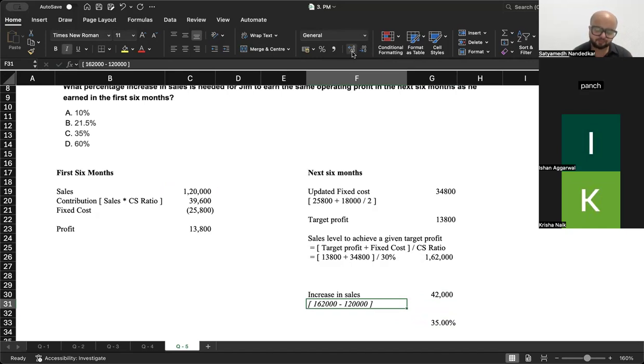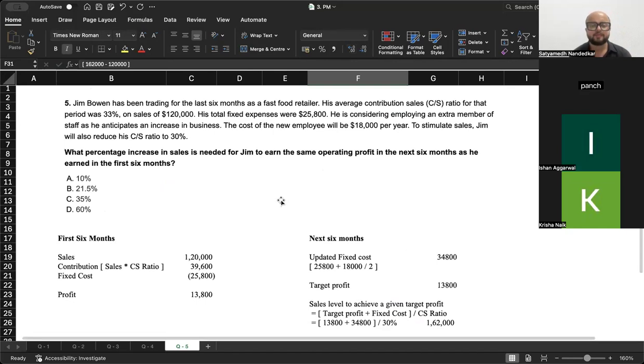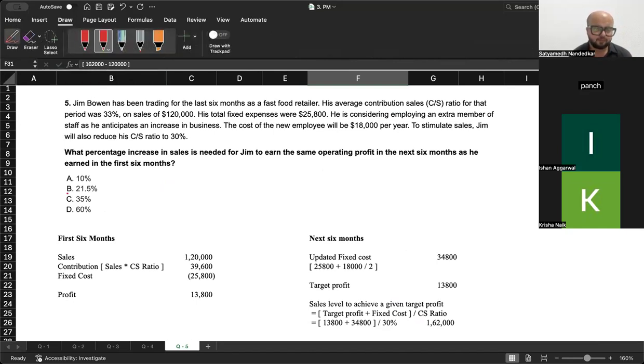Okay, scroll up a little. Yes. This is again not very difficult but can get tricky if you don't pay attention to the numbers. Explain the 6 months part once, the 18,000 divided by 2. See, this 13,800 is profit for 6 months, right?